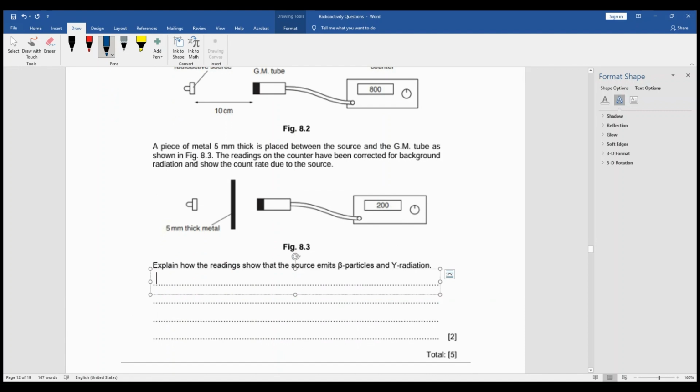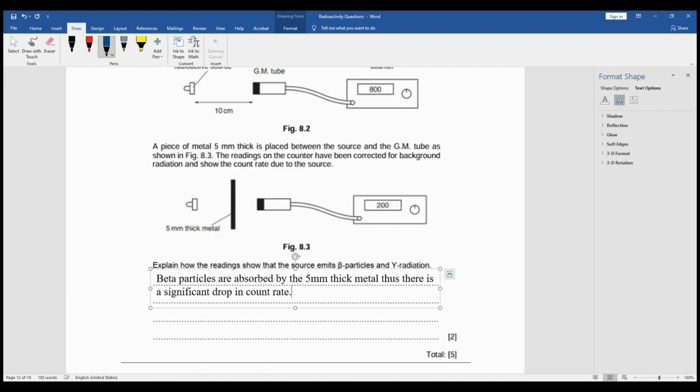First reason, beta particles are absorbed by the 5 mm thick metal plate. Thus, there is a significant drop in the count rate.